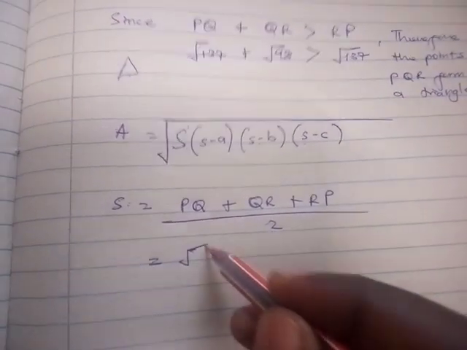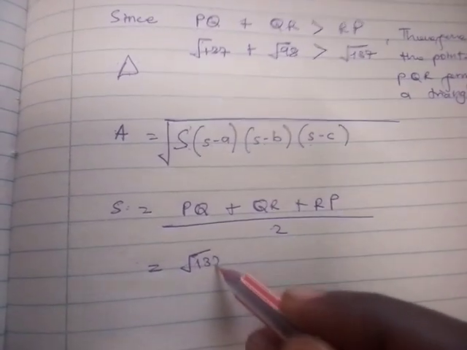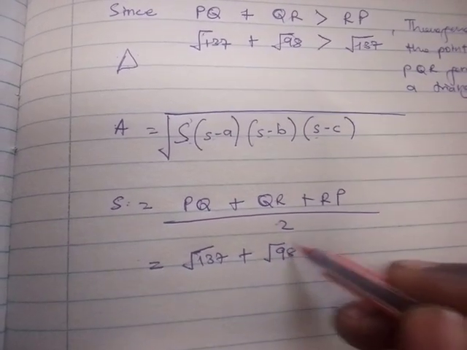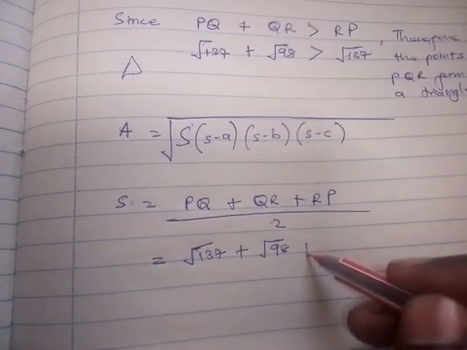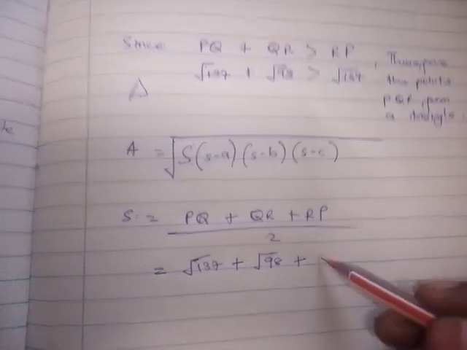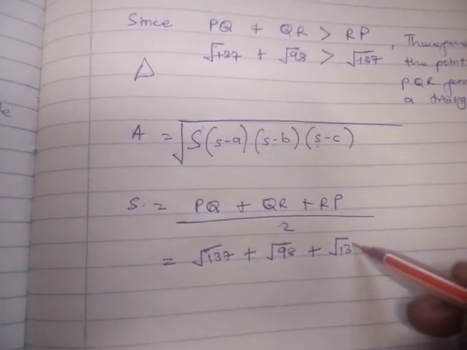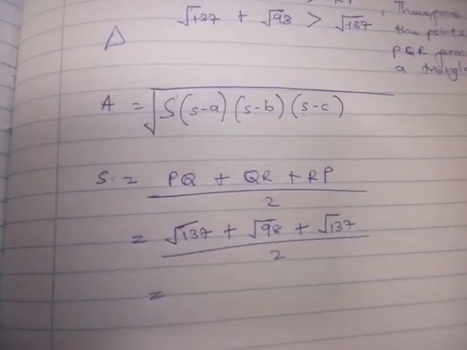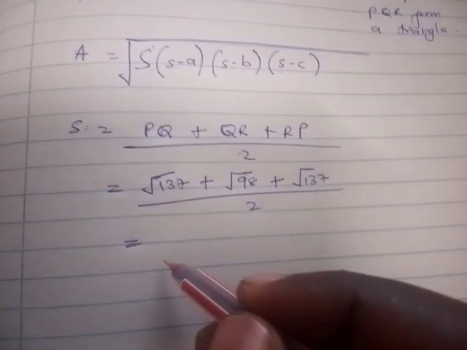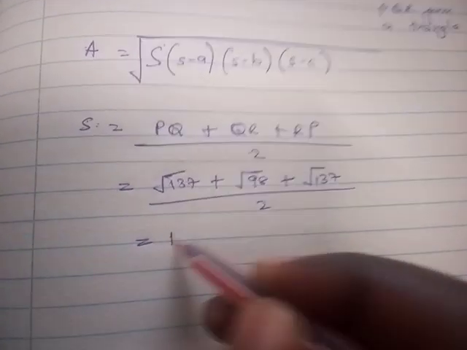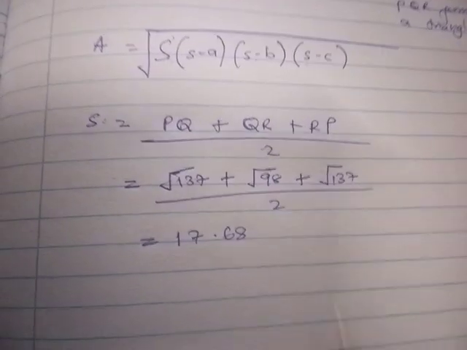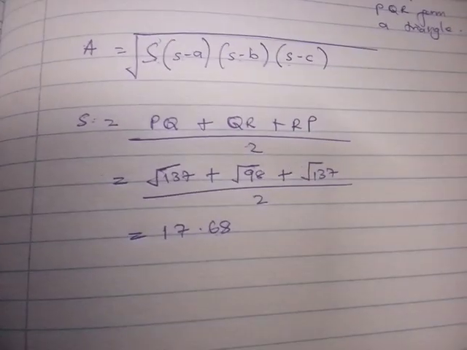It was root 137. Then plus 2R, which was root 98. Then plus RP, which is root of 137. Then all this over 2. So you have to put this on a calculator. When you put it in a calculator, it gives you something like 17.68 when you round off to 2 decimal places.